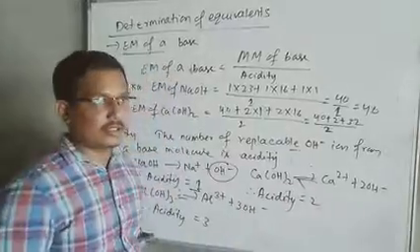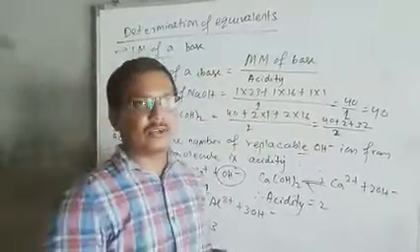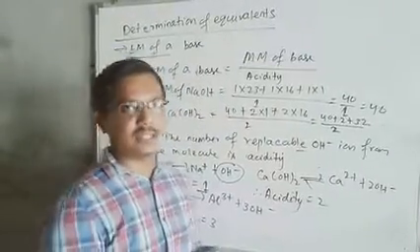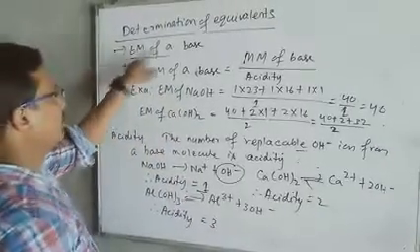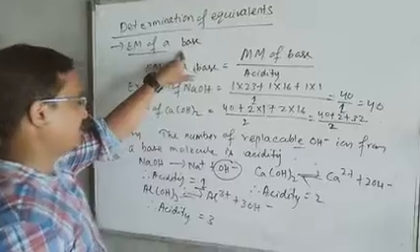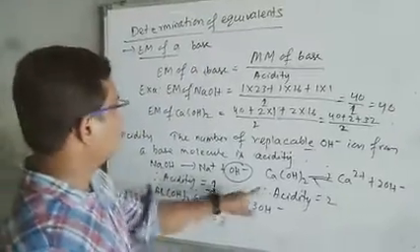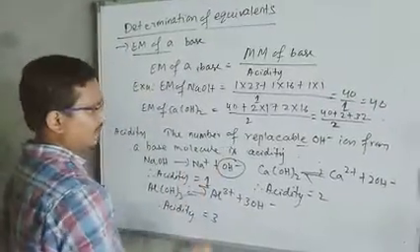Remember one point: for a base we consider the acidity, and for an acid we consider the basicity. Since we want to find the equivalent mass of a base, we always need the help of acidity.